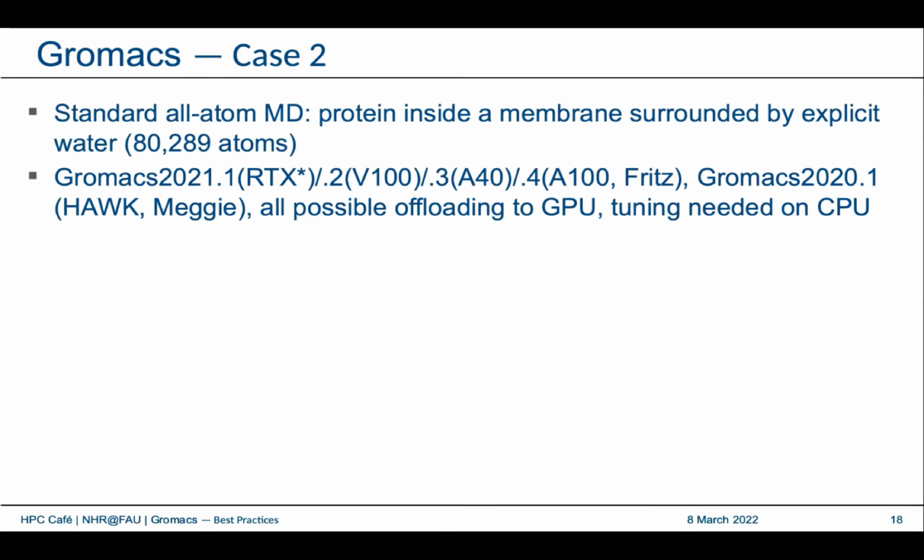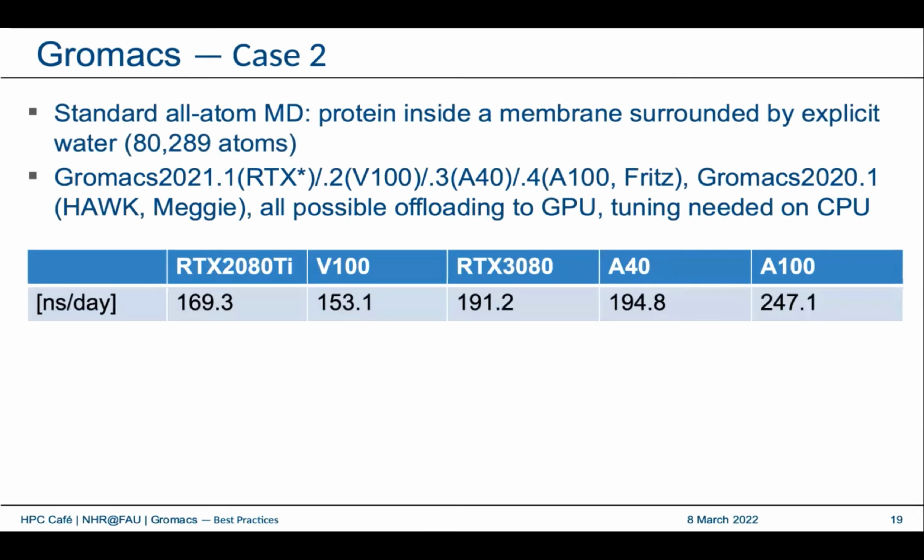And on the CPU, we need to optimize the number of threads dedicated to the particle mesh eval, so the electrostatic calculation, the thread MPI, if we use it on one CPU, and the OpenMP settings for shared memory.